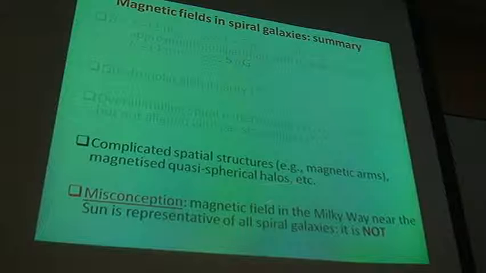Complicated spiral structures like magnetic arms, different reversals of magnetic field, are quite widespread. By the way, with reversals in the Milky Way, there's another puzzling thing. At least one reversal has been confidently observed in the Milky Way, despite quite a lot of effort.